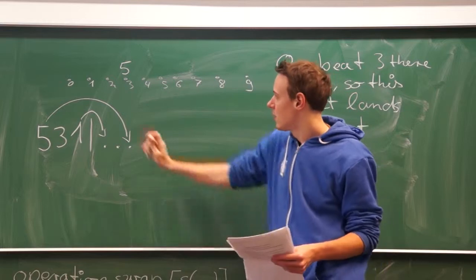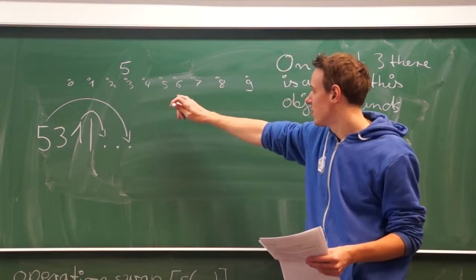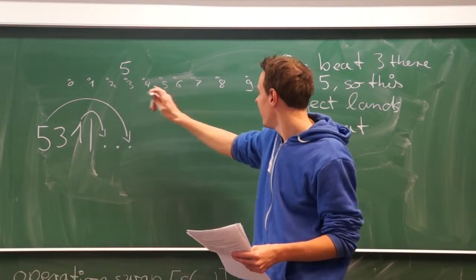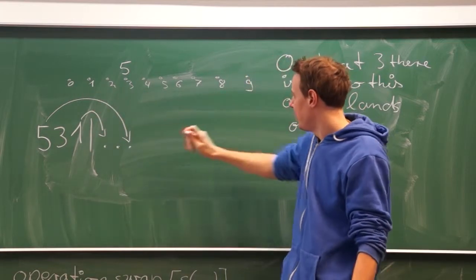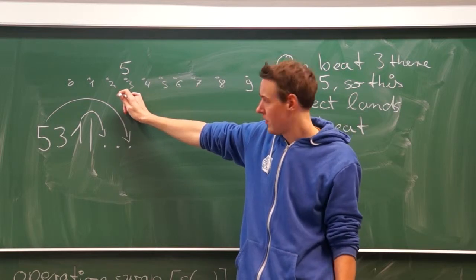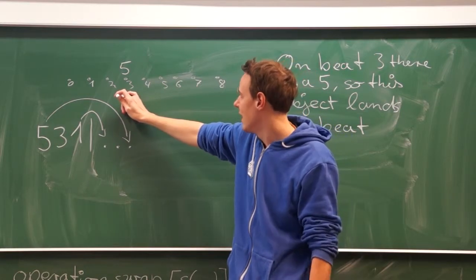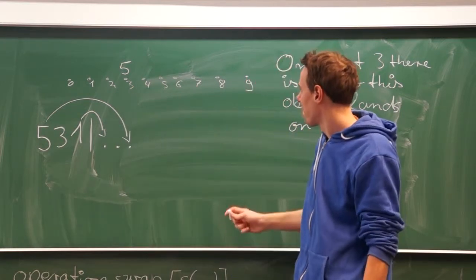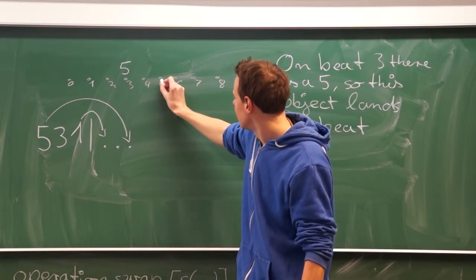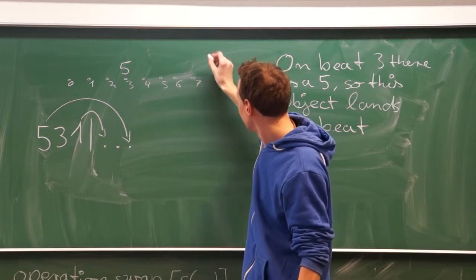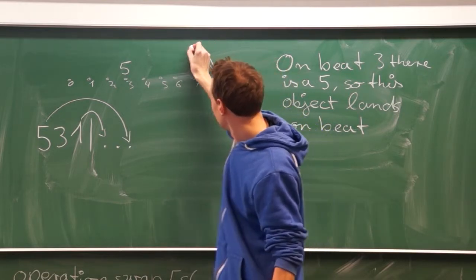So when we look at this chain of beats and just numerate them, so this is 0, 1, 2, 3, and so on, and we do a 5 on beat 3, then this row will land here where we landed. It's like this is the next one. There's a 2, 3, 4, 5 here. So 5 will come down here.